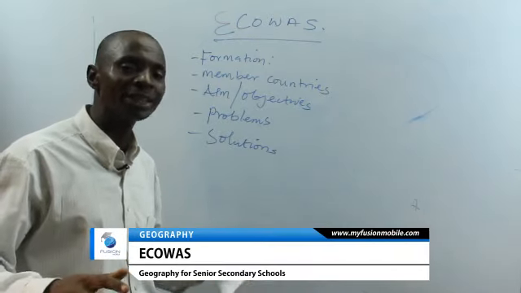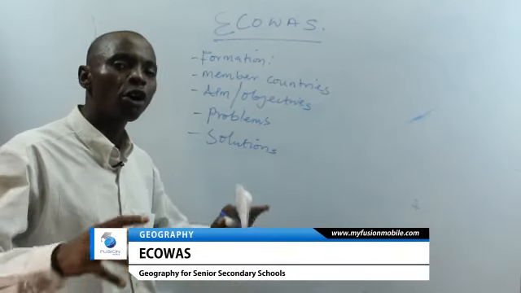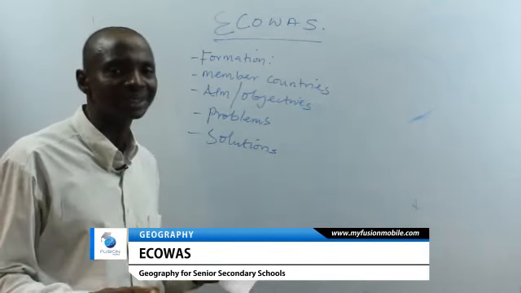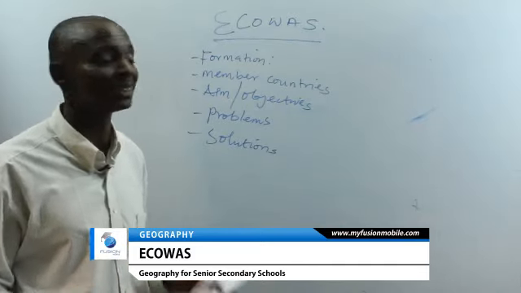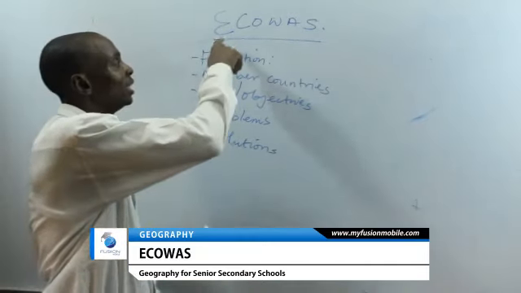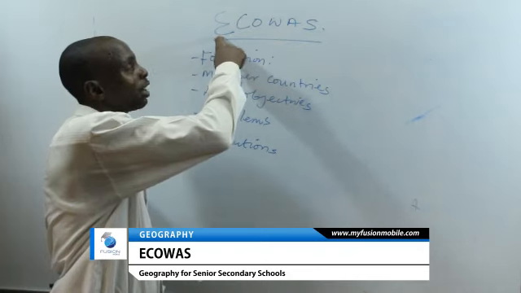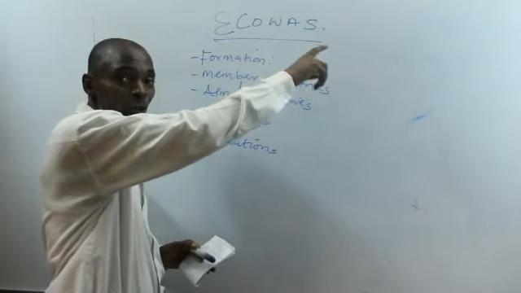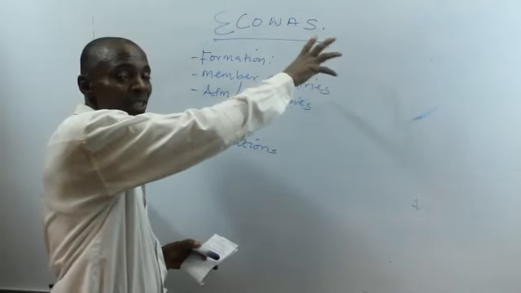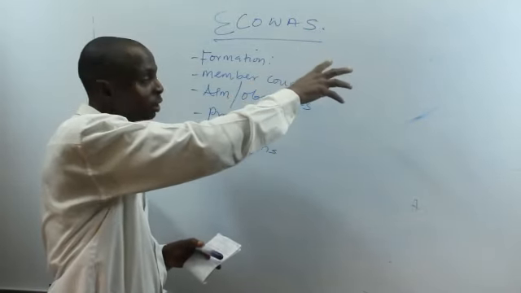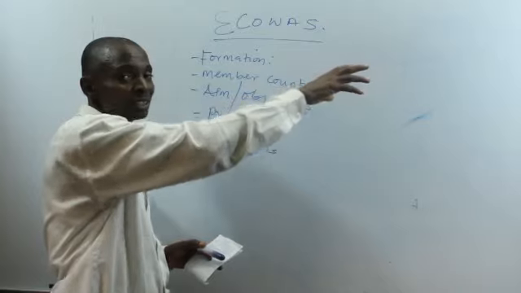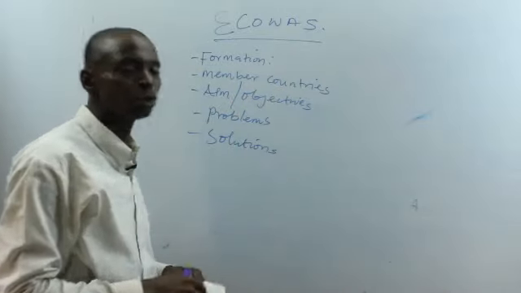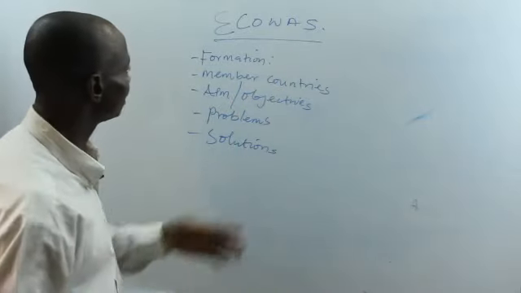If you are dealing with a continent, all the member countries, they are called what? States. That is why here it is not Economic Community of West African Countries. No. Because we are dealing with a region, all the member countries are called states. So having known that, let's make progress.